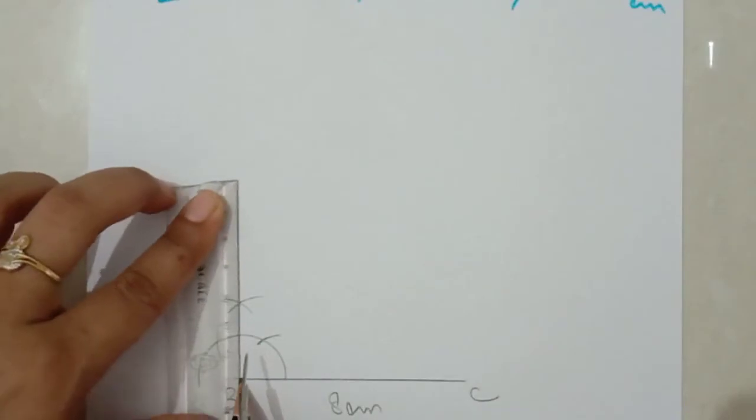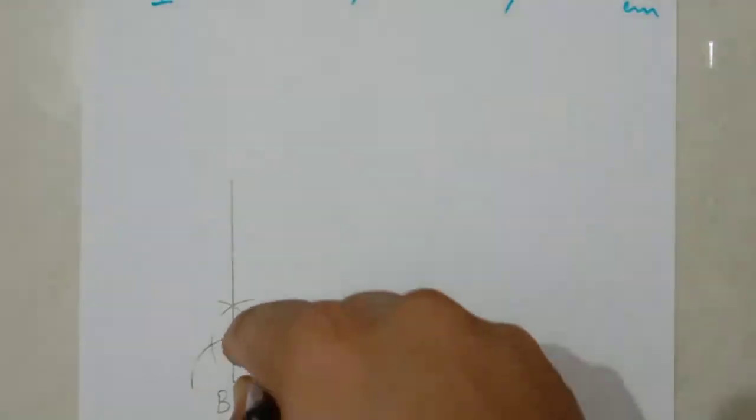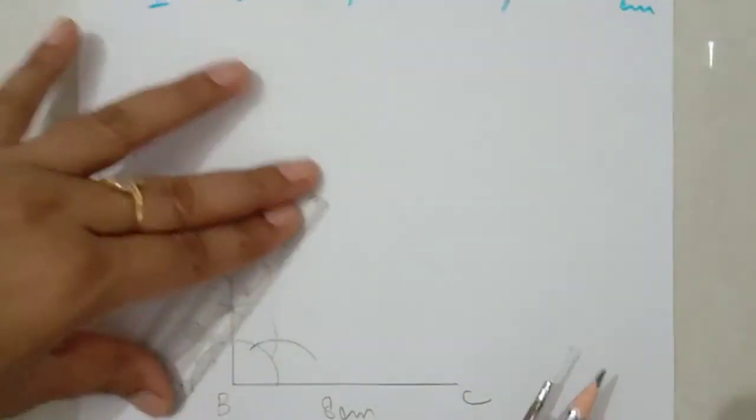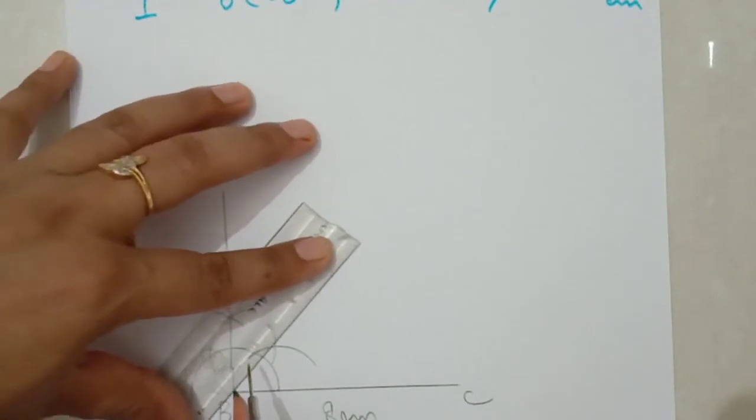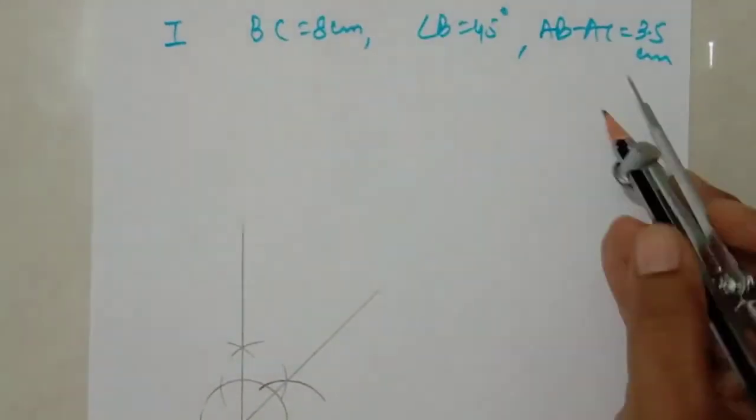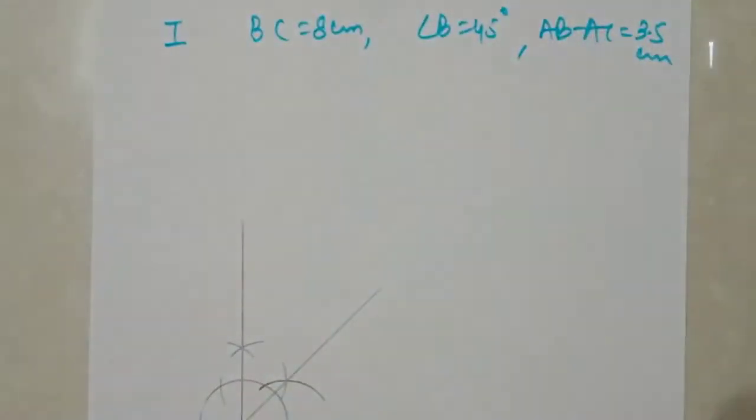Now we will join this, and now I will draw the bisector. So this is our 45-degree angle. Now what is the difference given? AB minus AC, 3.5 is given.